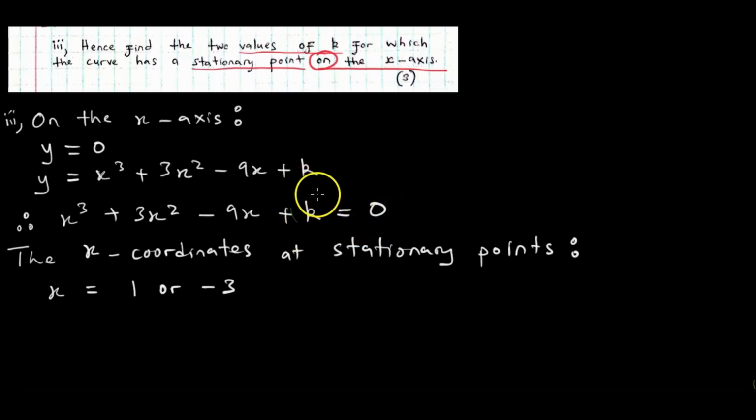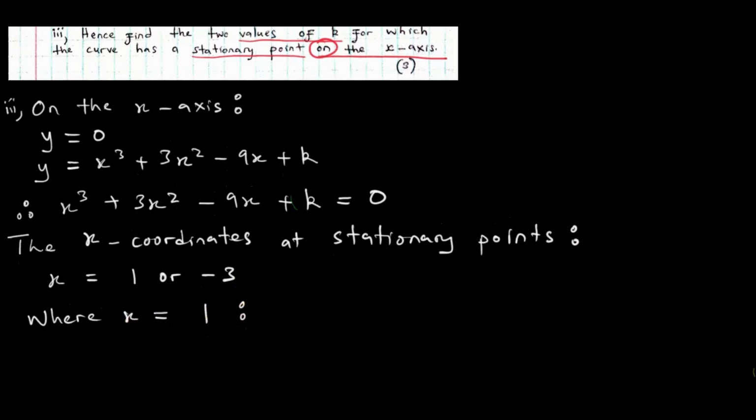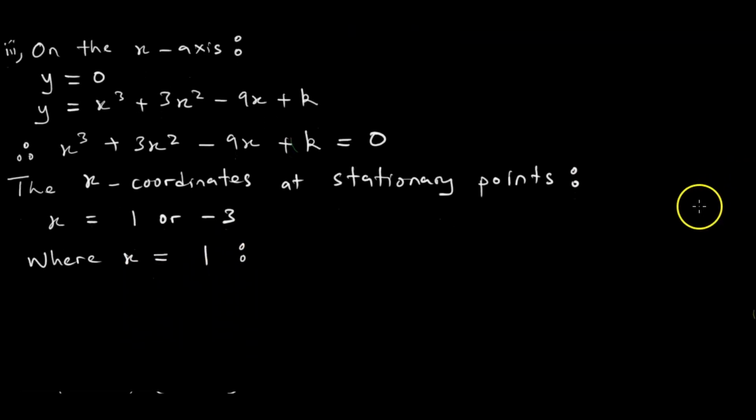We are looking for k. But we were told to find k when our function or curve is at a stationary point, meaning where x is equal to 1 or minus 3. So let's start where x is equal to 1.